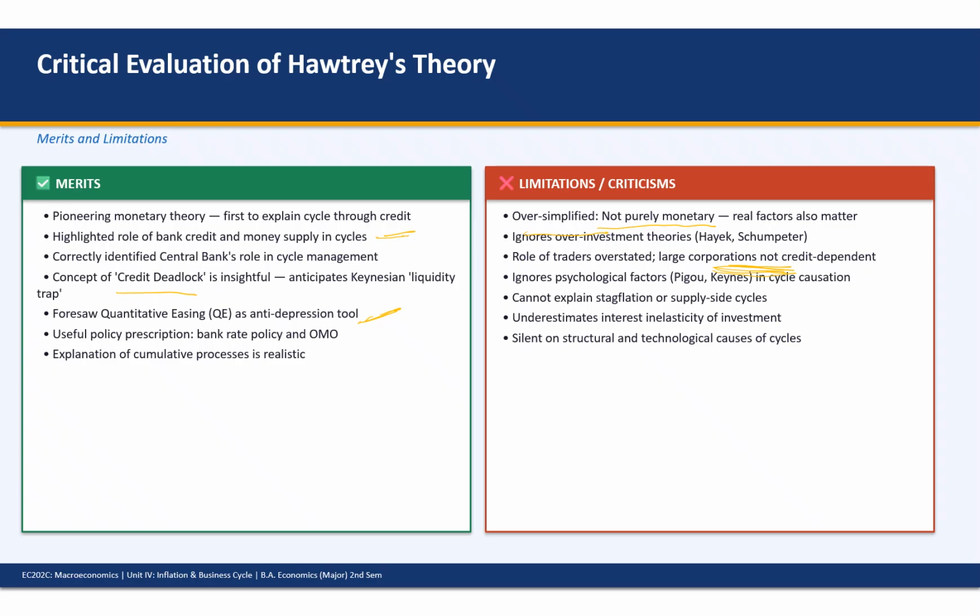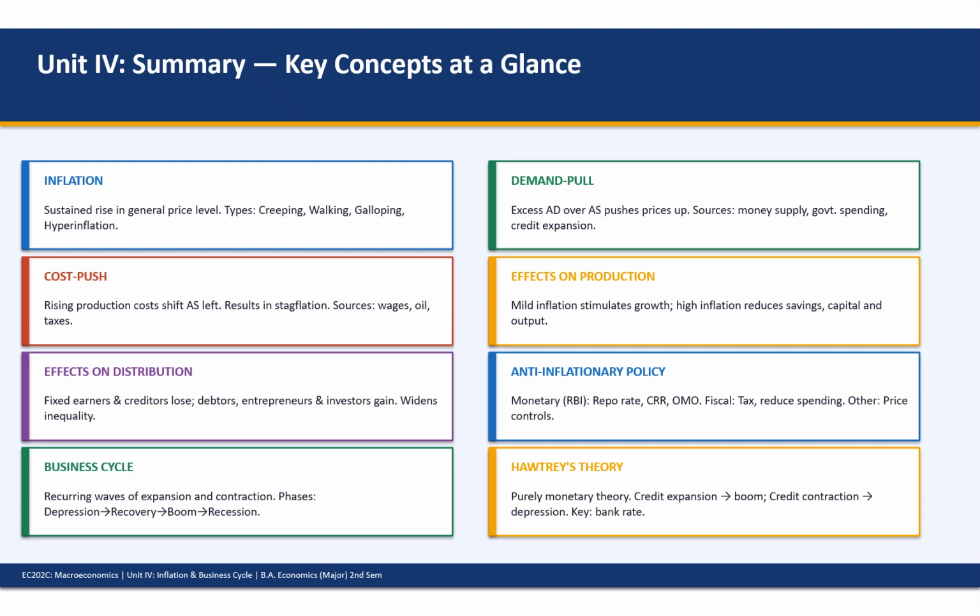Another limitation is that the theory cannot explain stagflation or supply side shock. So the overall judgment is that Hawtrey's theory is important and insightful, but not complete. It explains an important part of the business cycle, yet it needs to be supported by other theories for fuller understanding.